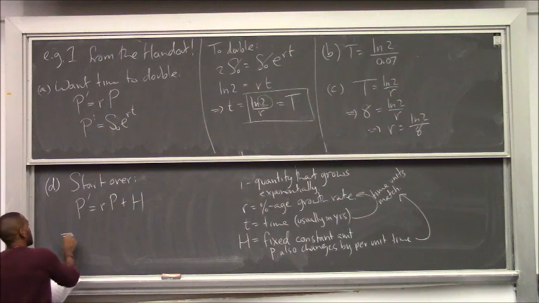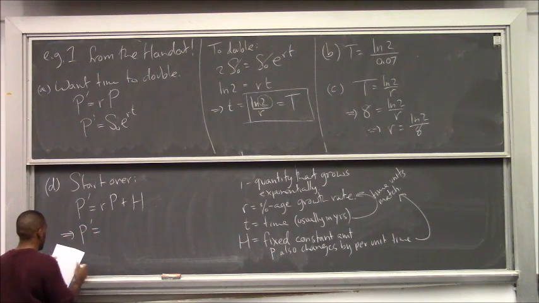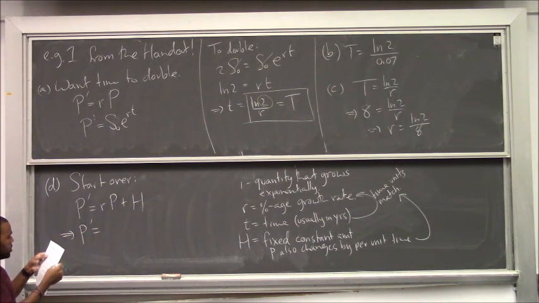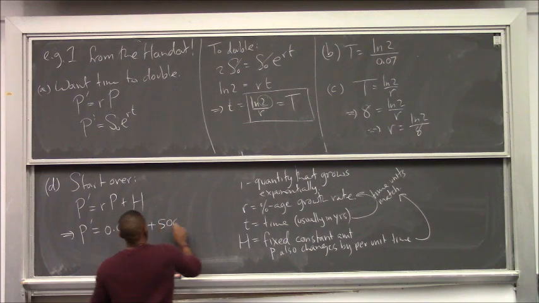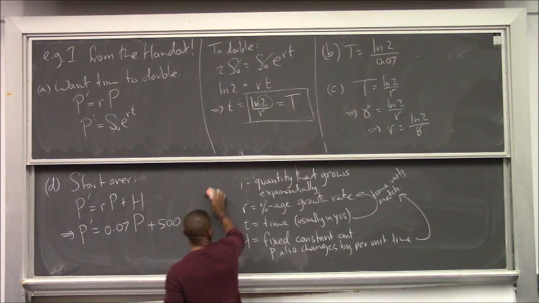And in this case, this means that your P prime equals, did they tell you the rate? It's the same rate. Should we assume 7%? I think we'll assume 7%. So that would be the equation that you start with.